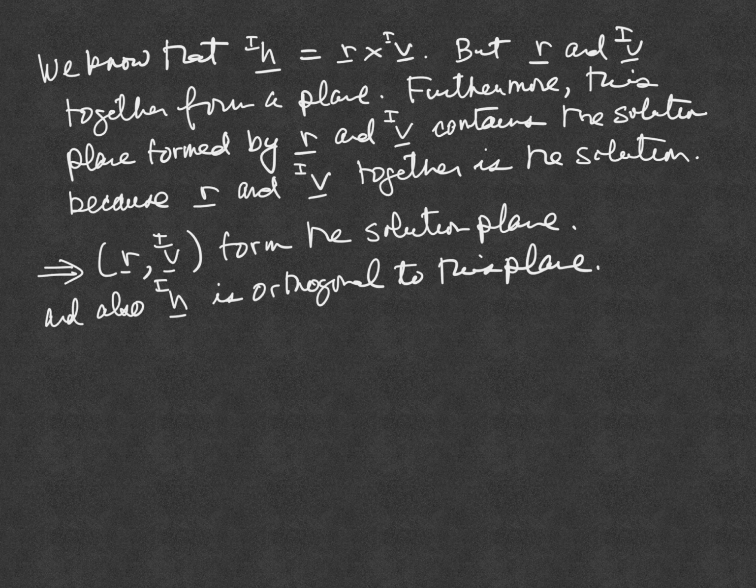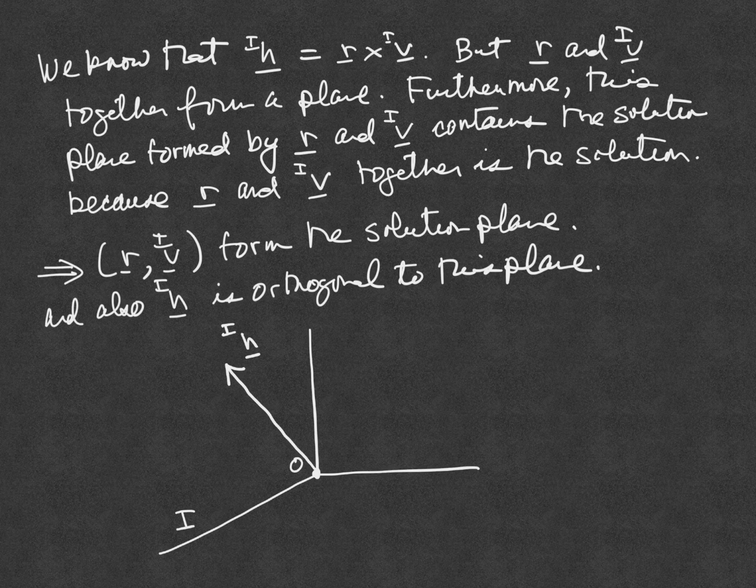It looks as follows. If I go back to my schematic, I have this inertial frame, I have this point O, which is fixed in I, and I have this vector, which has to be fixed in the inertial frame, which is h_I, right? That's the specific angular momentum.